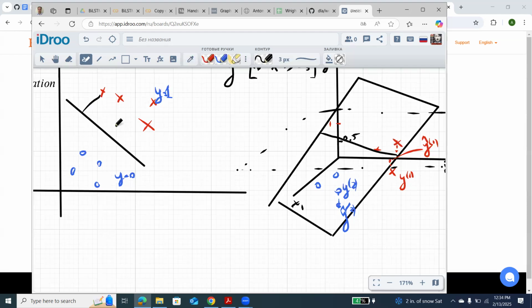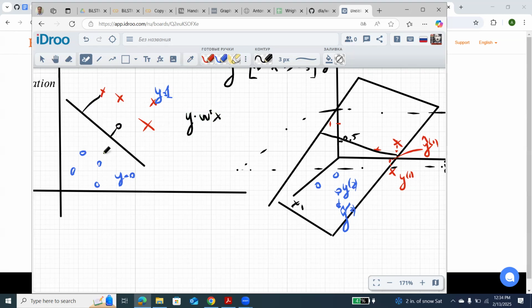So if, for example, a point with label -1 was here, the distance was positive and the product was negative. And the formula for margin was target times a linear function, W transpose X.